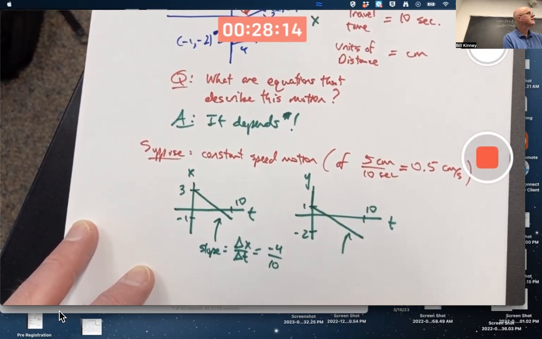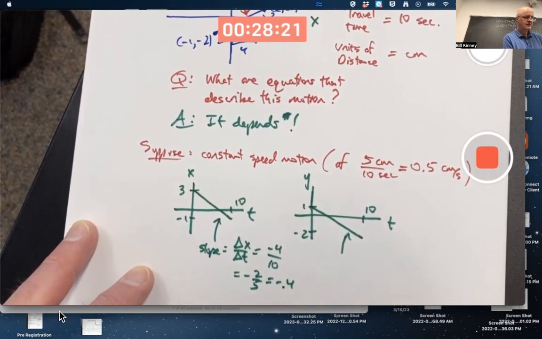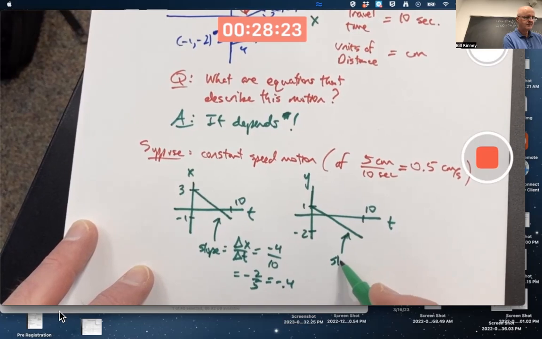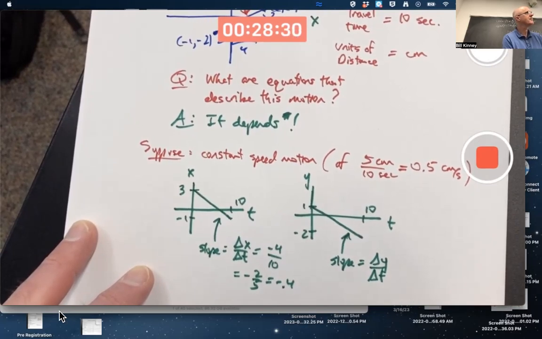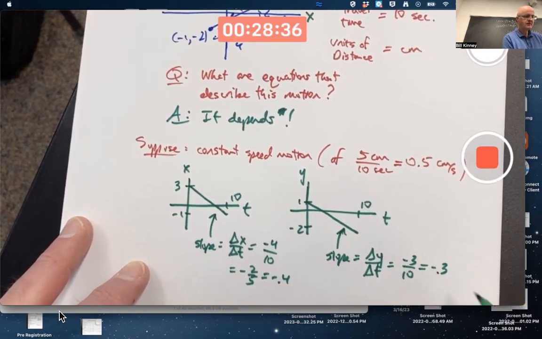Change in t is 10, -4/10, which is -2/5 or -0.4. The slope of this one is really delta y over delta t, change in y over change in time. That's -3 over 10, -0.3.